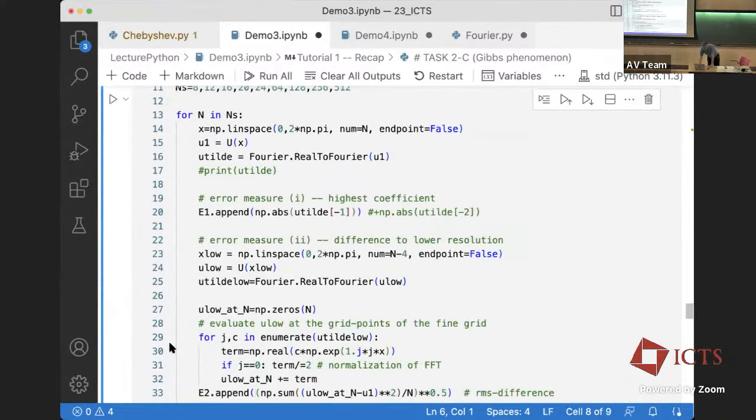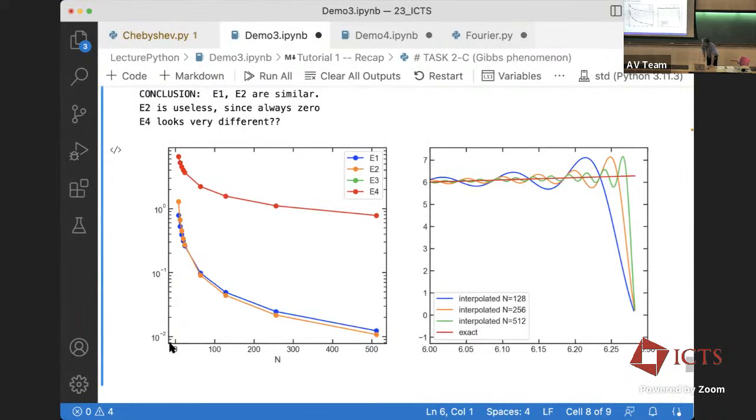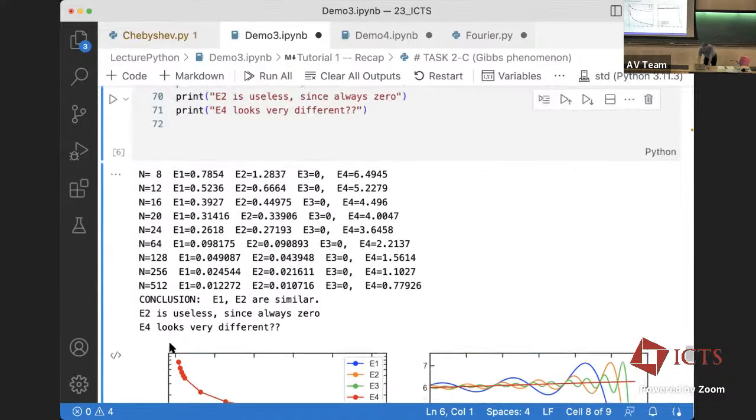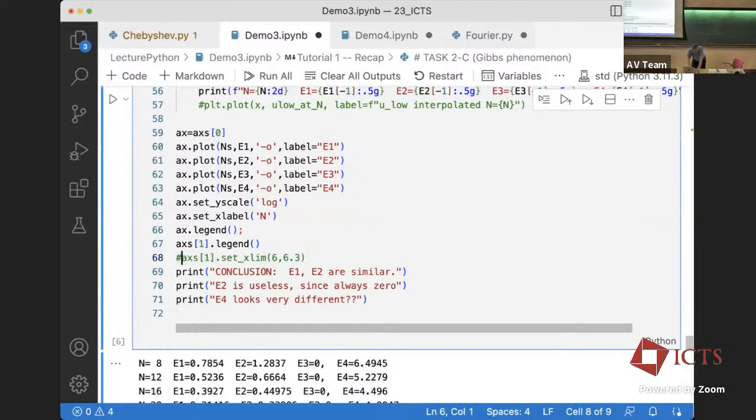And finally, I couldn't resist putting in a little bit on the Gibbs phenomenon. So we are back down to this function here. And what the right plot here shows is, let me first scale out. Here's my axis limit.